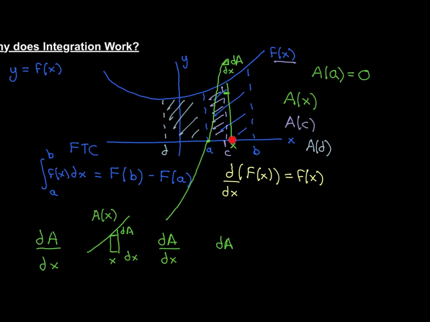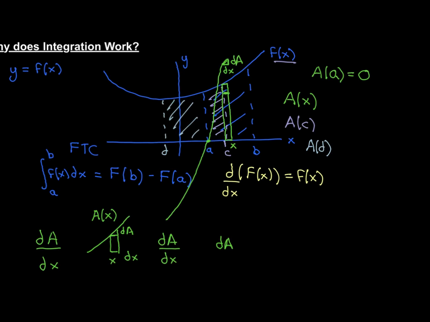However, if the change in x becomes absolutely tiny, then this is going to become more and more like a rectangle, effectively, because if you're only going forward by an infinitesimal amount, then the value up here pretty much becomes constant. So what I'm saying is that this area effectively becomes a tiny little rectangle as the change in x becomes tiny.